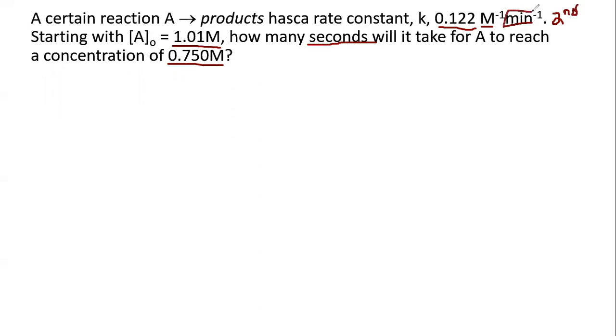So when we solve for time here, it's going to be in minutes, and then we need to convert to seconds. And so the integrated rate law for second order is 1 over A t equals kt plus 1 over A naught.